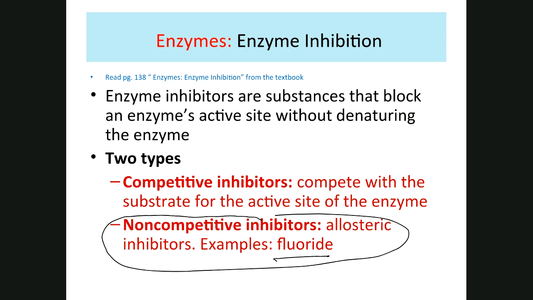This is a very powerful inhibitor that inhibits lots of enzymes and stops them from working. A competitive inhibitor is more specific. It is going to be a substance that is very similar to the substrate and binds to the active site of the enzyme, effectively competing with the substrate for the active site.